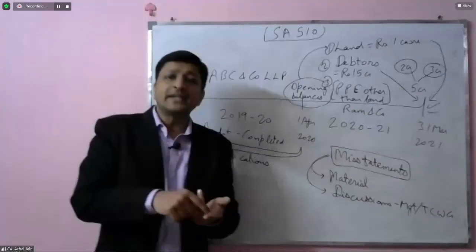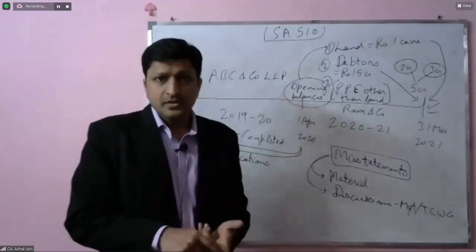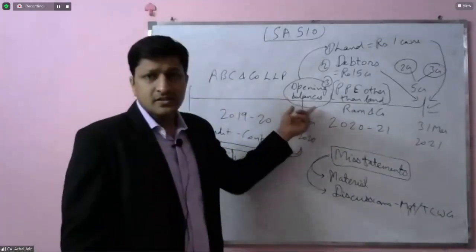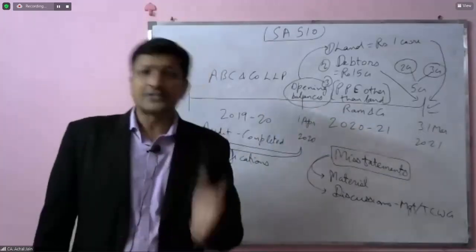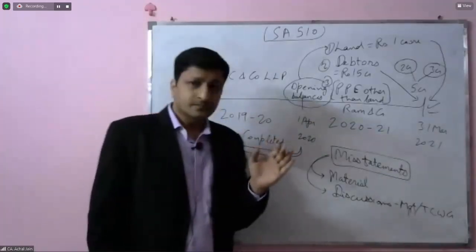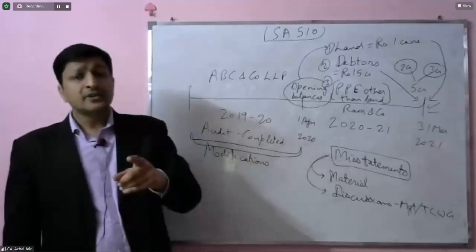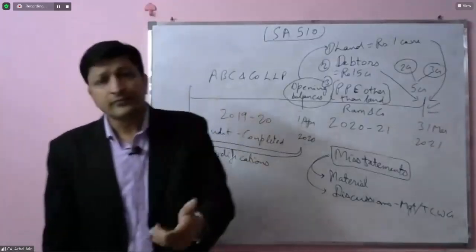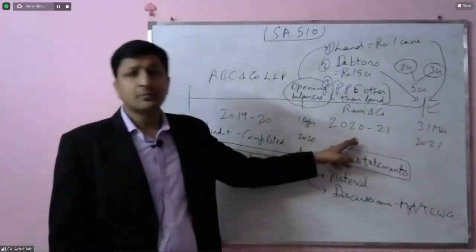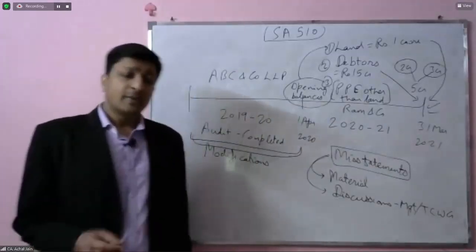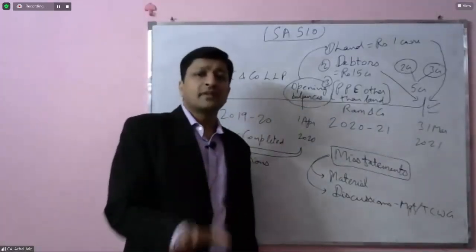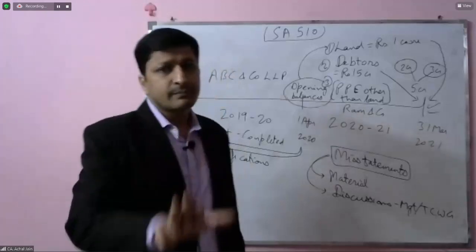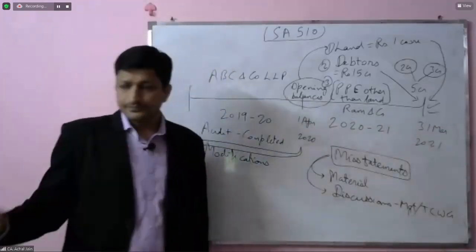If there are material misstatements due to these opening balances which are carried forward and which are not adjusted, then the new auditor may want to qualify or may want to modify the report of the current year. But that is only possible when there will be a misstatement which is material, otherwise not.